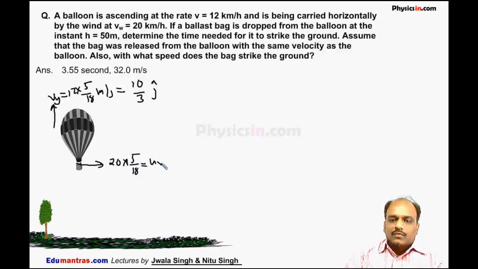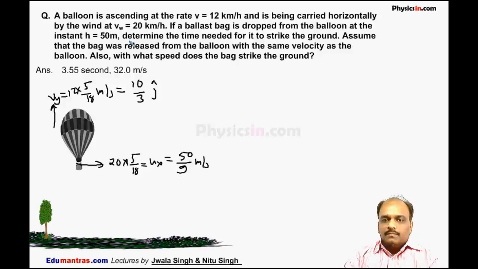This is ux, which is equal to 50 by 9 meter per second. This is the velocity of the balloon. It is going upward ascending with a speed of this, and it is also moving horizontally with a speed of 50 by 9 meter per second.